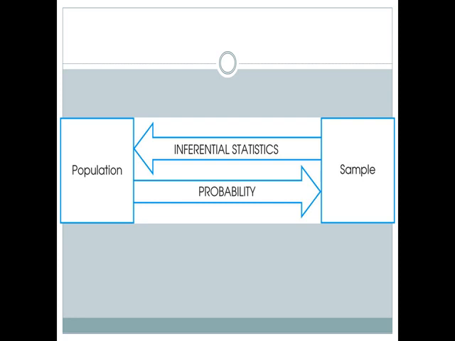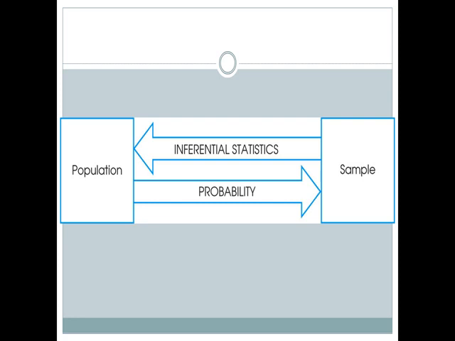In other words, if we are interested in a population, let's say the population of all college students in America, we do not have accurate data about that entire population. It's impossible to test every single college student in the United States of America.